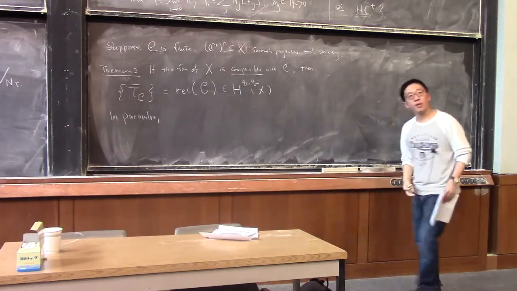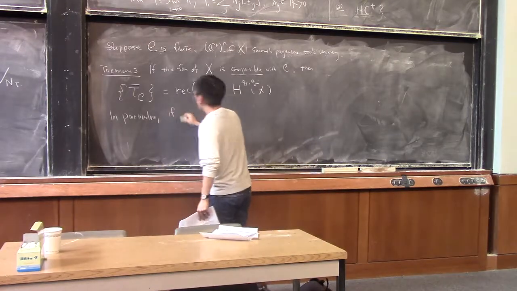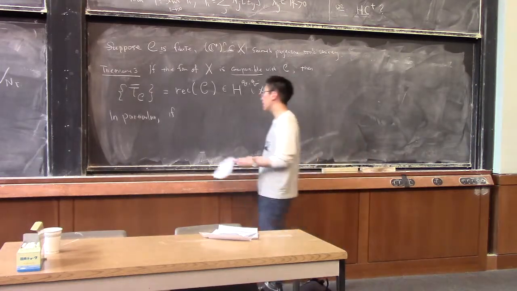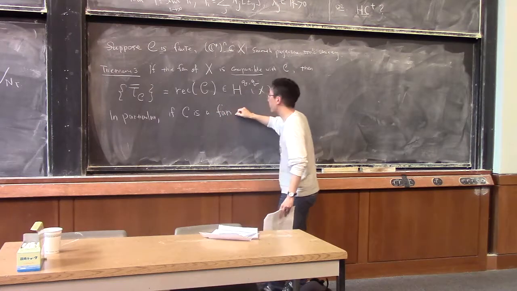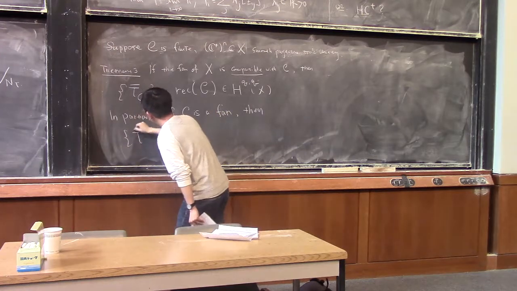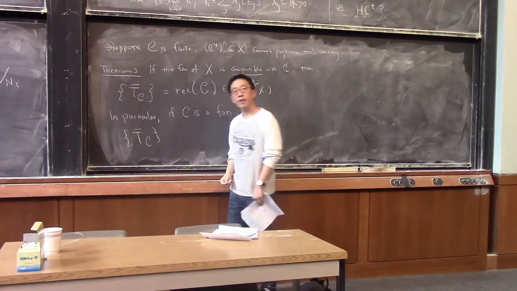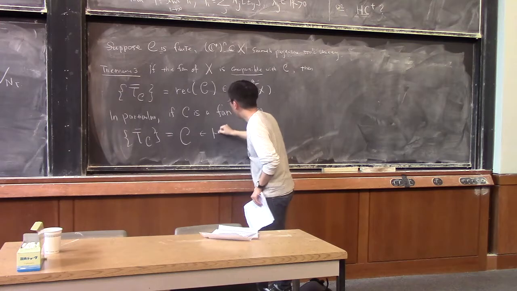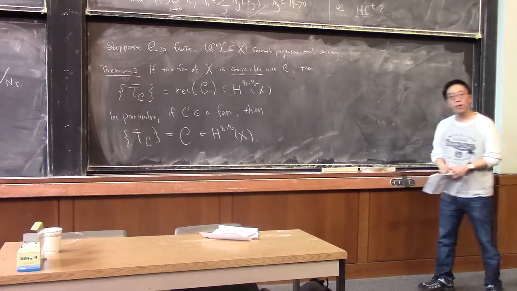But rather than explaining what recession cones are, unless you already know it, I'll just restrict to the case where C already consists of cones only and not in general polyhedra. So if C is a collection of cones, or a fan, then the computation simply says that the cohomology class of my tropical current is the original C. So what do I mean by this?